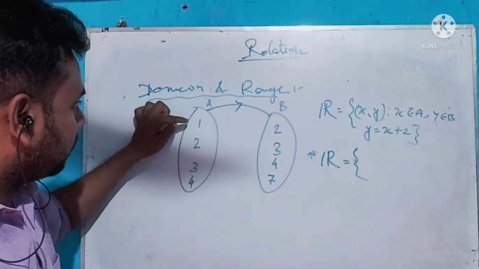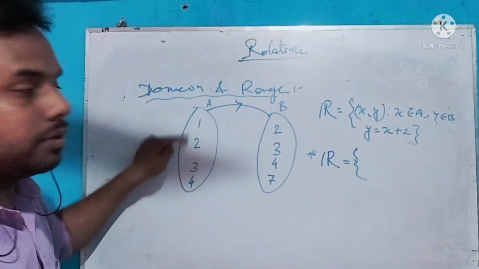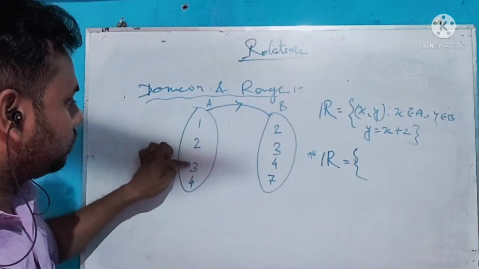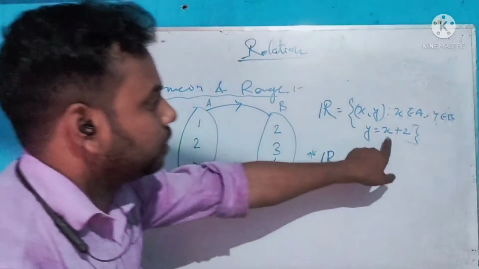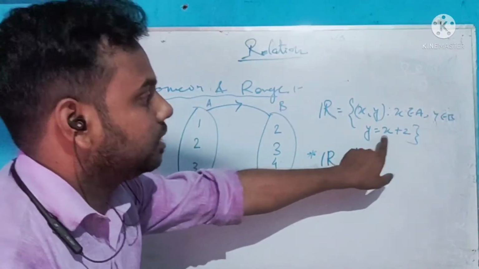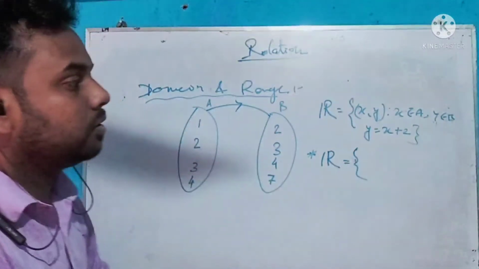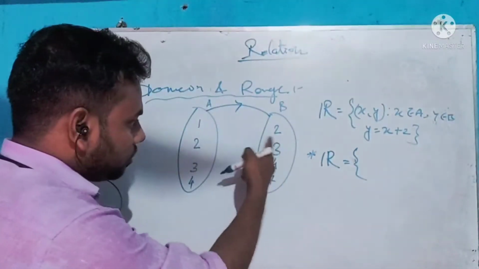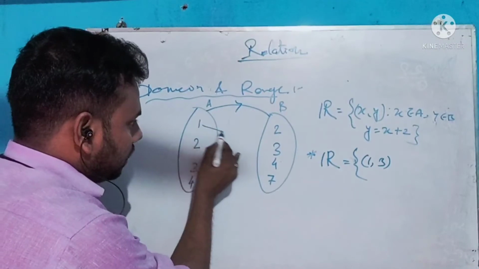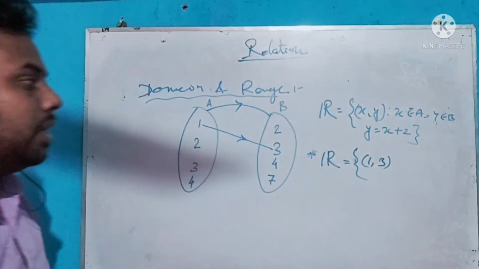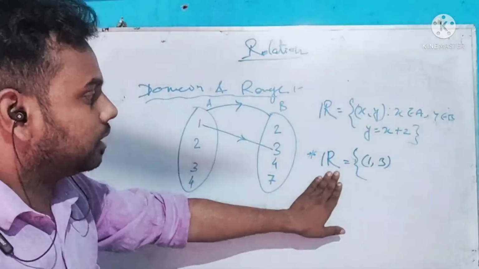We take the values of x as 1, 2, 3 and 4. First, x = 1. Putting in 1, we get y = 1 + 2 = 3. So 3 is there, and (1, 3) is one element of set R.